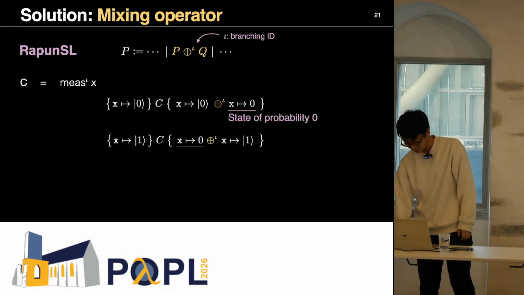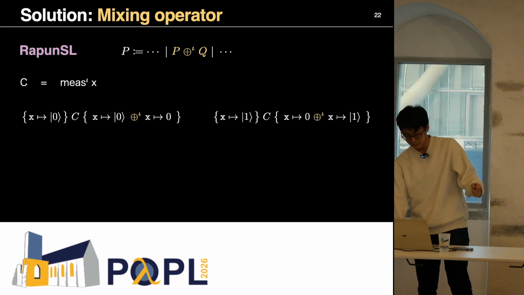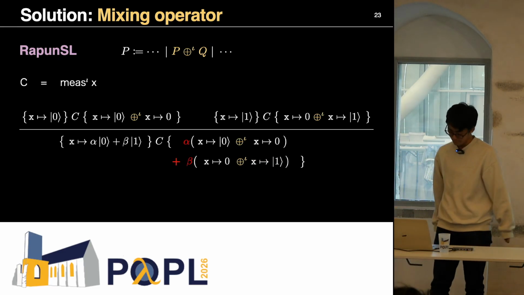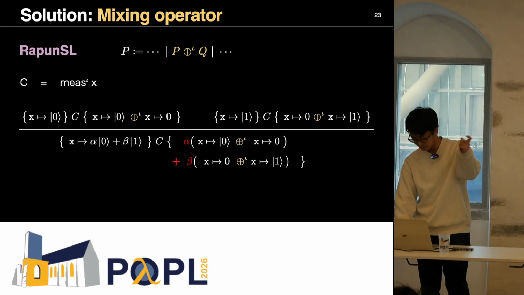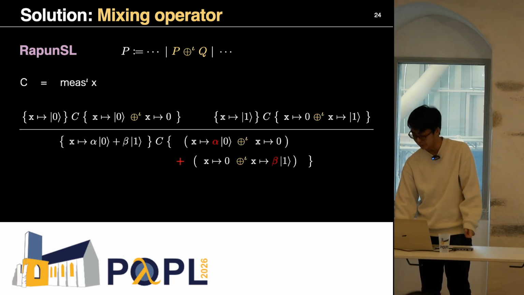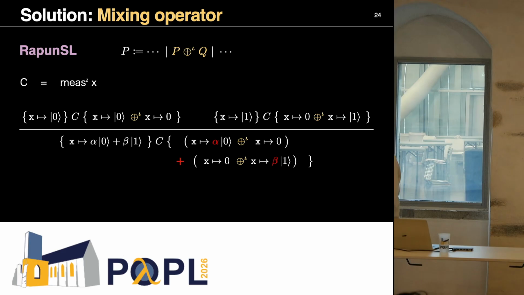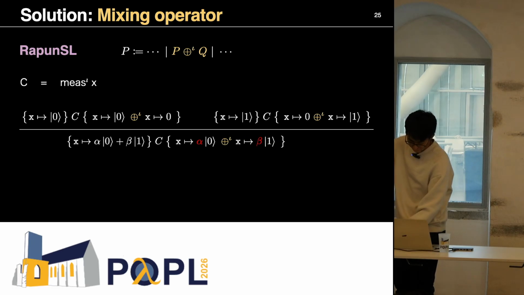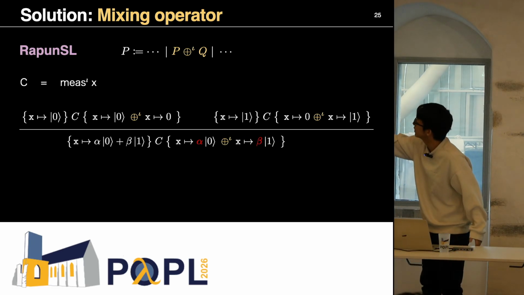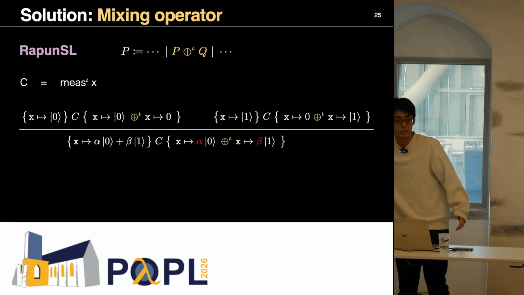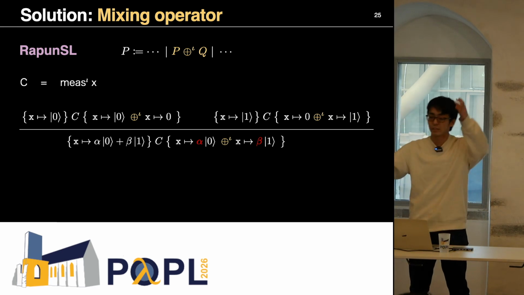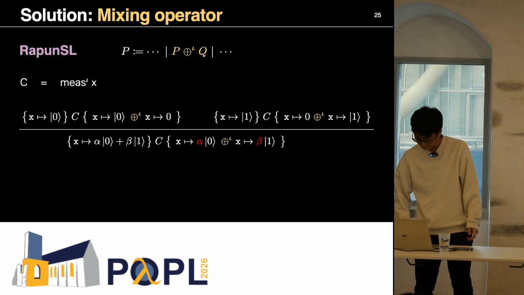And with these two rules, we can now safely use the sum rule and scalar rule to derive this one. From here, I can just distribute this scalar like this. And then finally, we can take the sum. When we take the sum, we just add the left-hand side with left-hand side and right-hand side with right-hand side. Now we get this one, which is correct because this is no longer saying this is identity, but rather saying you can get two results.